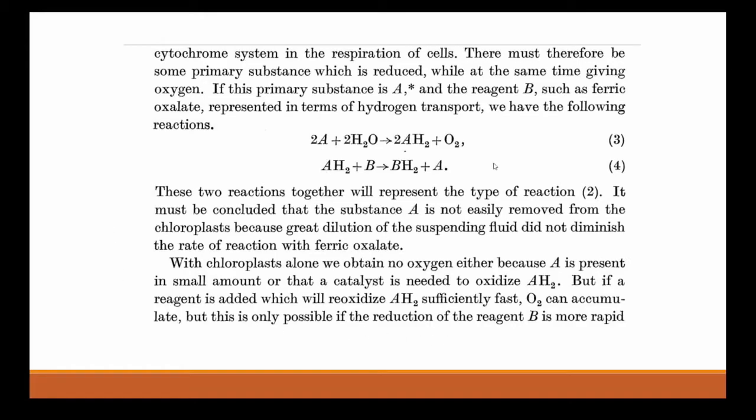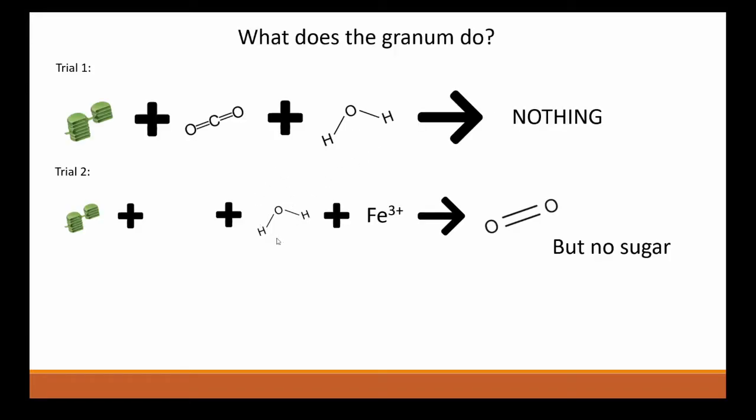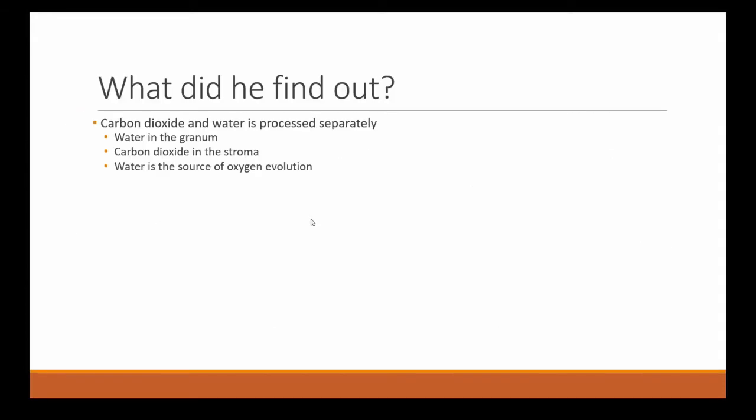And so he predicted that there were two reactions happening, and he thought up the molecule A. He thought that there needed to exist a transport molecule that basically, after the water turns into oxygen, after the water is split, I have the reaction here. So you see the water is split into oxygen.